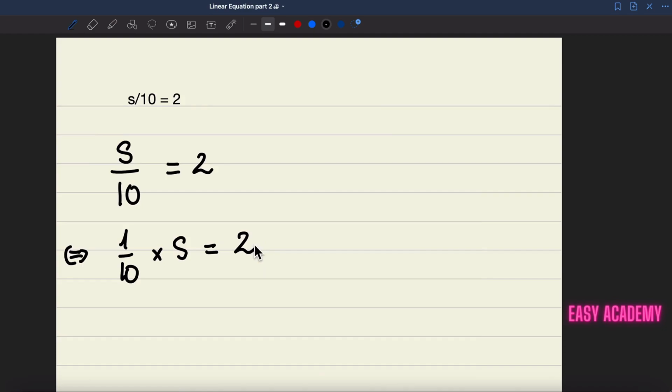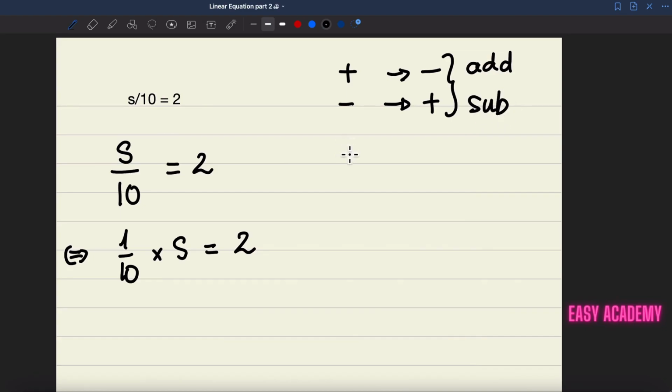We have learned that when we move a term, we need to change its sign to the opposite, which means plus becomes minus and minus becomes plus. But this is only true with addition and subtraction.